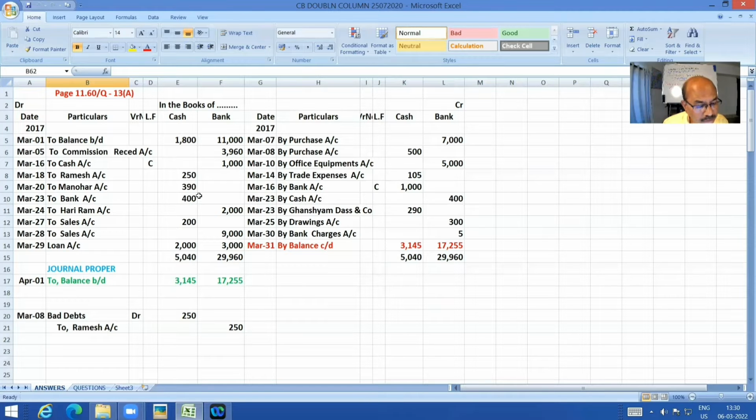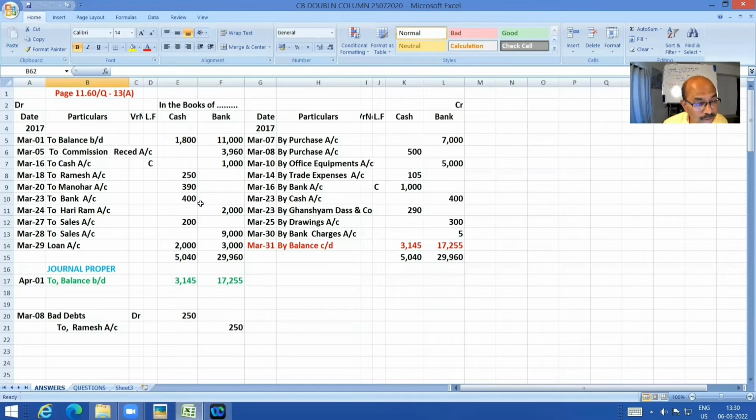So naturally, received rupees 400 from Manohar and allowed him rupees 10. What does it mean? It means that we have received from him only 390 rupees. That's why we have received 400 rupees and allowed him 10 rupees discount. So net of discount only we are going to account.